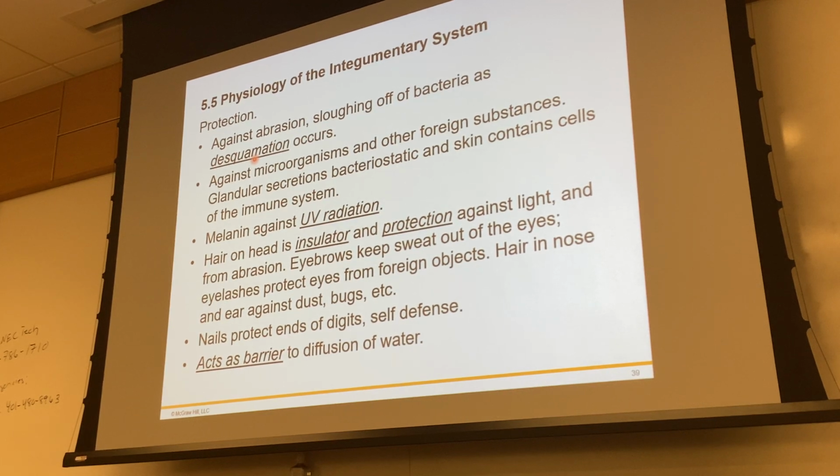As a process of getting rid of those flattened cells, you're losing stuff that could potentially be invading your body, like microorganisms and other foreign substances. So not only are we talking about maintaining body temperature or losing body temperature or getting that negative feedback there, but there are other parts of it.